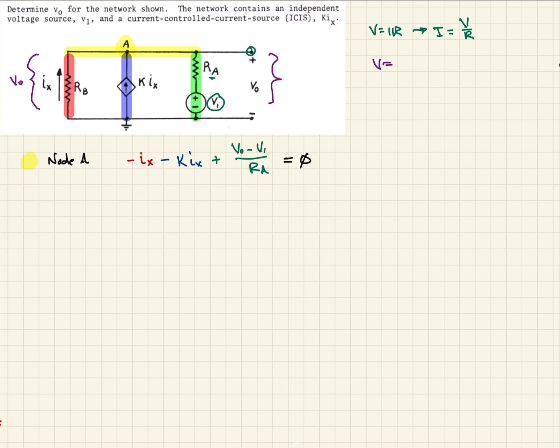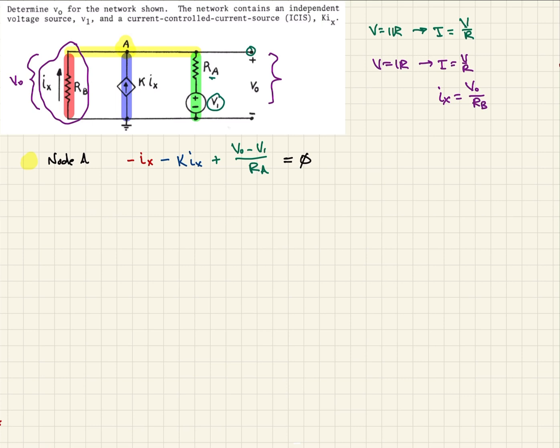Again, V equals IR, and in this case we're going to solve for I, so I is equal to V over R. So we'll have Ix as our I, V is V0, and R is RB. That's utilizing this branch right here, just putting Ohm's law on that.